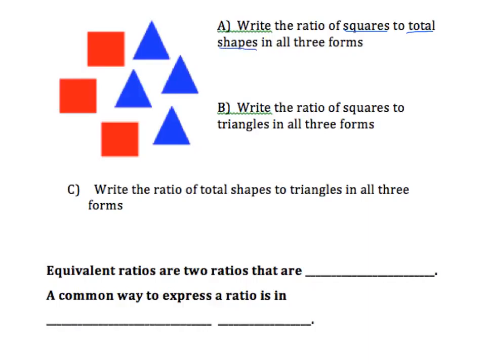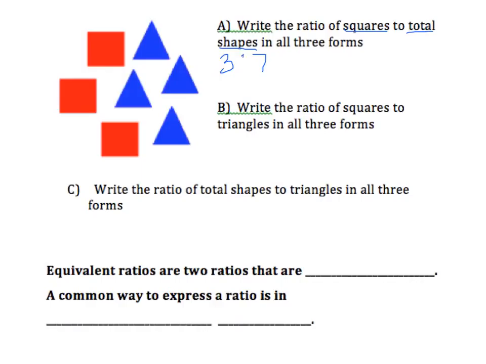Notice how I'm underlining the word squares, and I'm underlining the words total shapes. That way I make sure I think about how many squares there are and how many total shapes there are, and remembering to use those numbers in my ratio. So the number of squares is 3. And the total shapes in the picture, well, I have 7 total shapes.